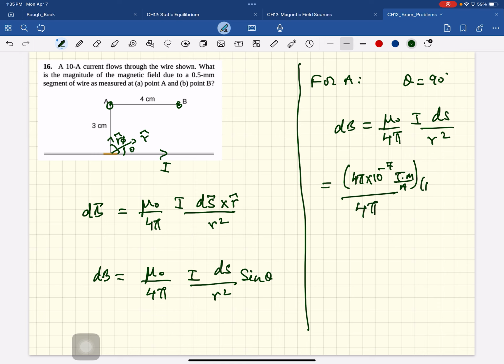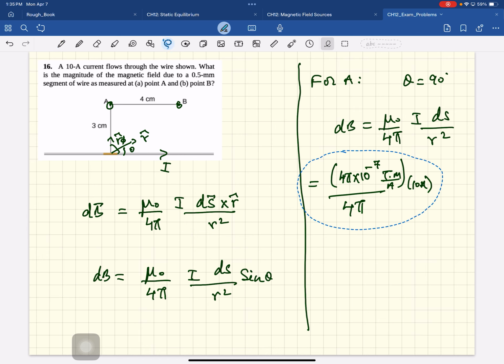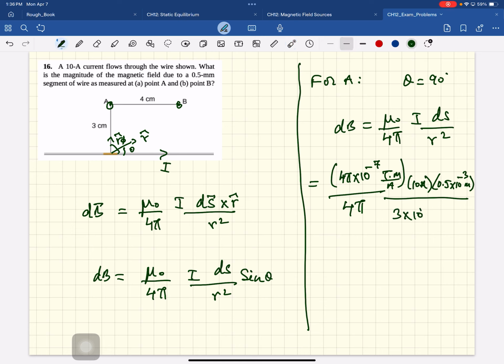The current is 10 amps. The length is 0.5 millimeters. And r, for A, this distance is 3 centimeters, so 3 times 10 to the minus 2 meters, and then that's squared.